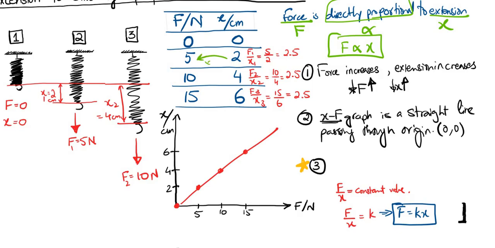If I multiply 2 by 2.5 I'll get 5. If I multiply 4 with 2.5 I'll get 10. If I multiply 6 with 2.5 I'll get 15.